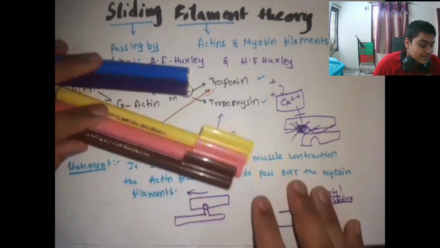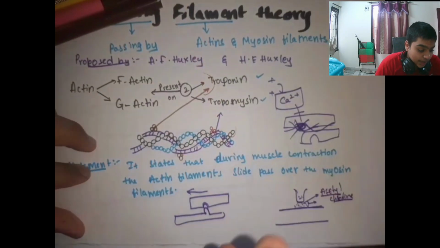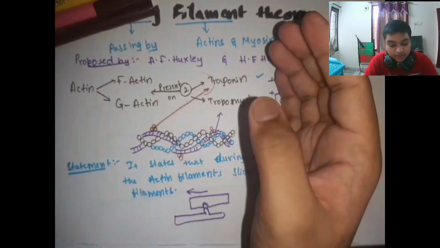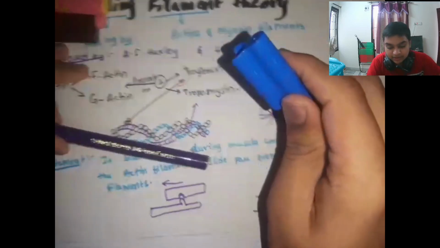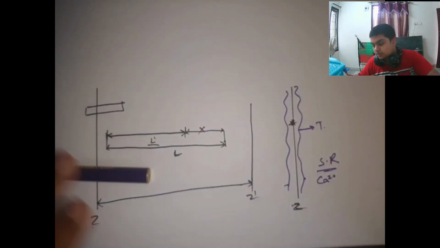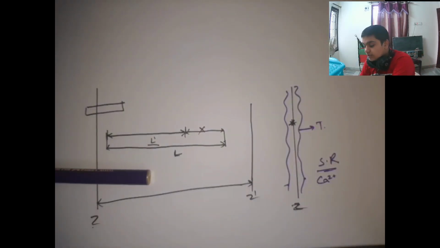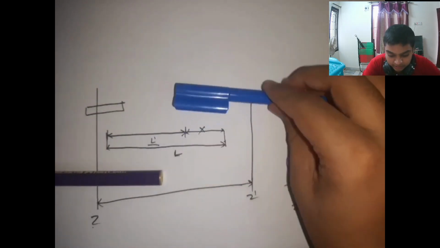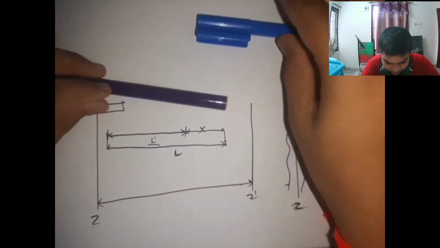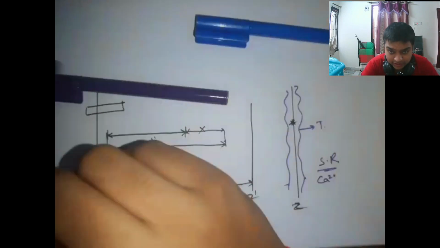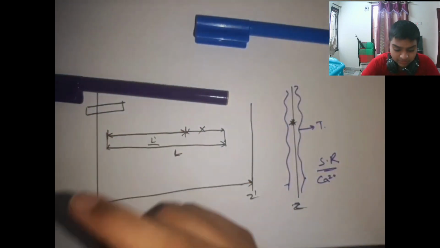It pulls the actin. See, how to explain to you. Yeah, this is the actin, the previous explanation page. Let's go into that. I'll bring it again. This is actin, this is myosin. Think there is a head for myosin. Let us draw the head for myosin.